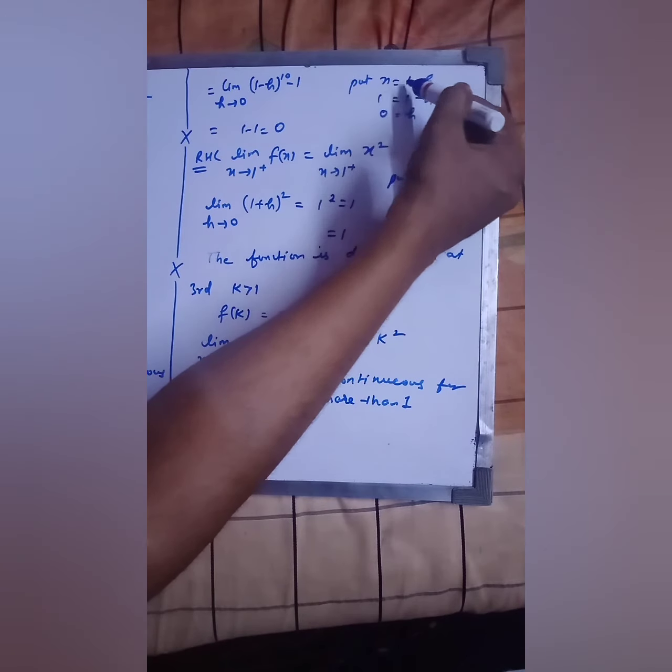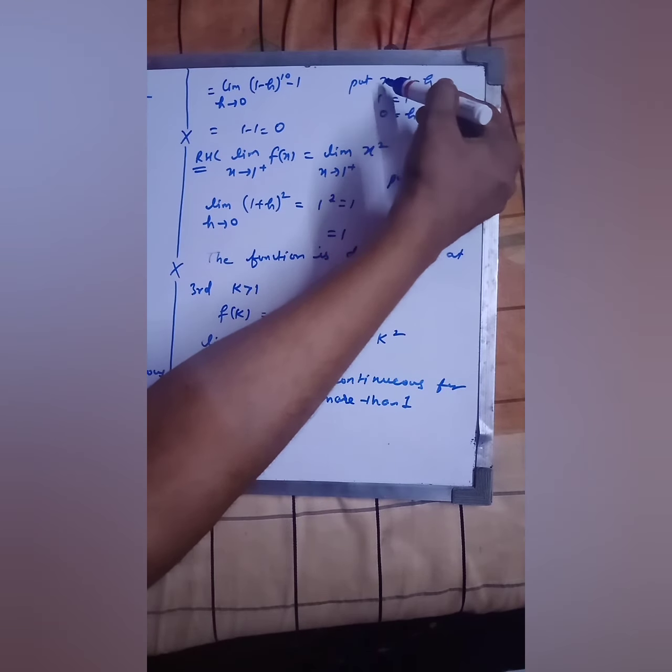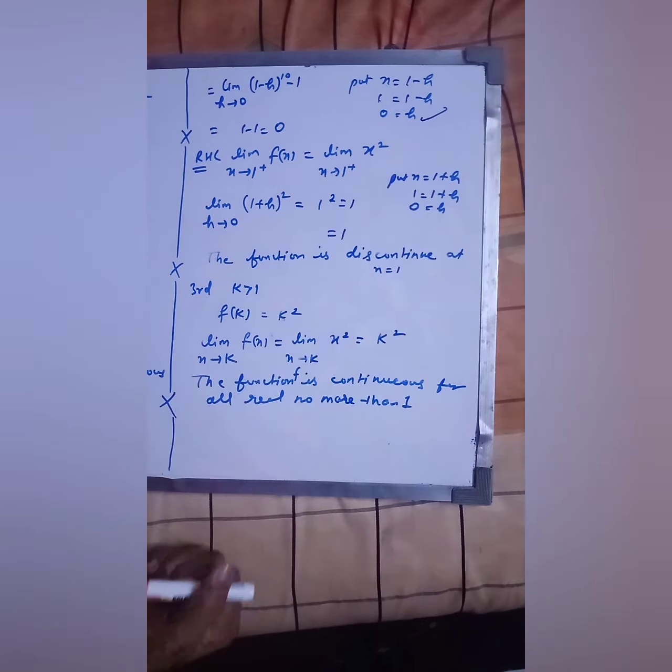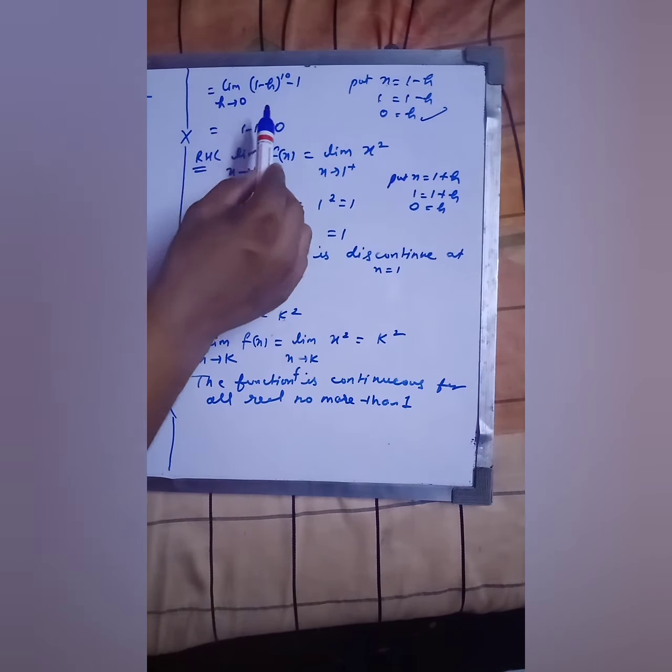So your x is equal to 1 minus h. Then 1 and 1 will come, and your h would be 0. Got it? You have to replace x by 1 minus h.